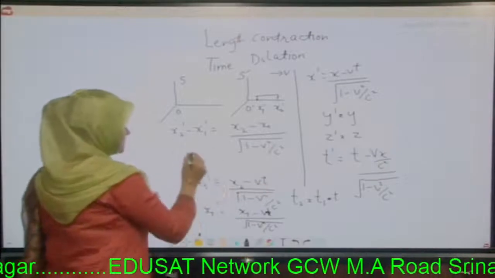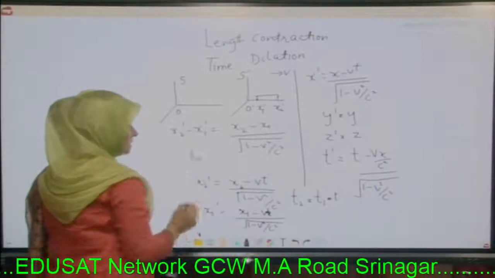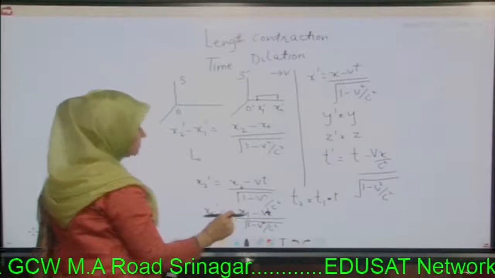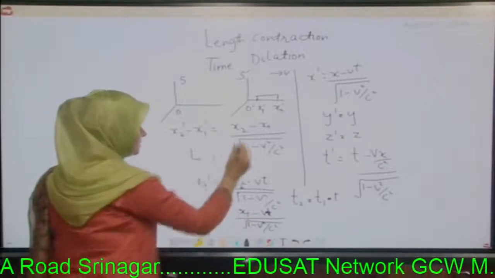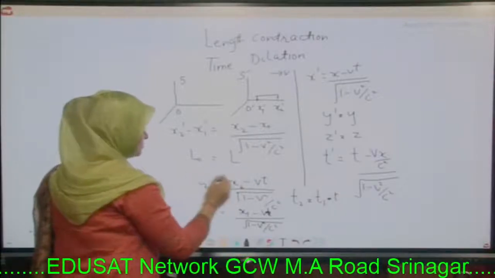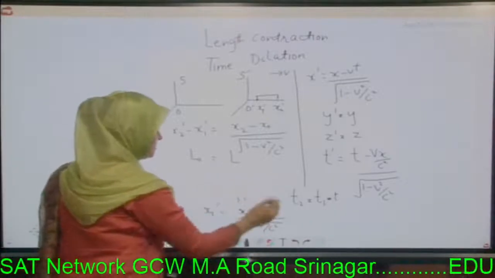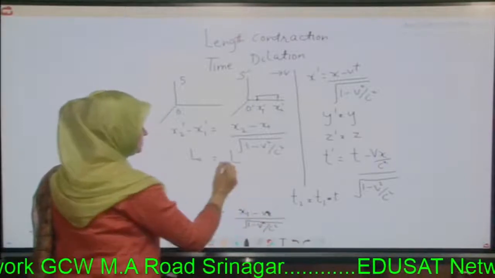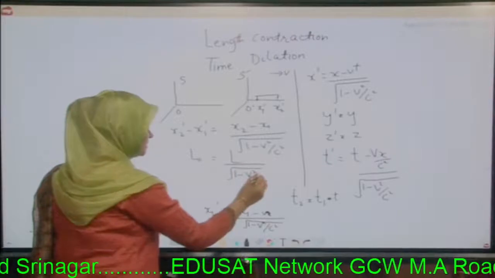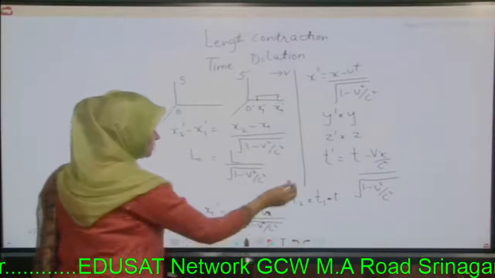So what is this? This is L naught, the absolute length, the length measured while being at rest with respect to the rod. And this is the relative length, that is L, divided by the factor 1 minus v square by c square. Therefore, what essentially do you get at the end?